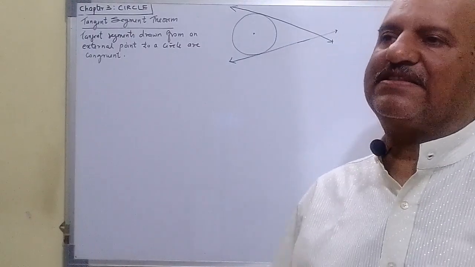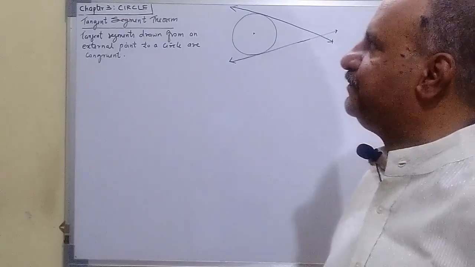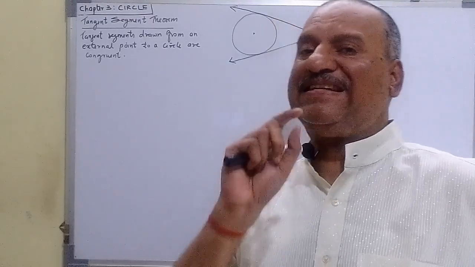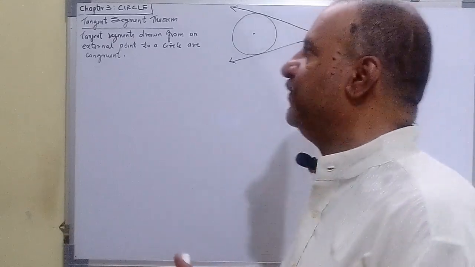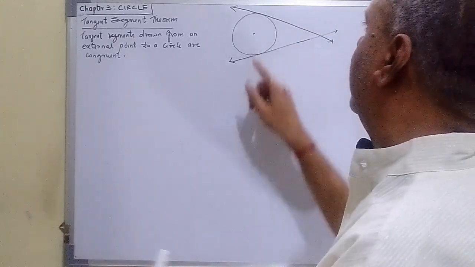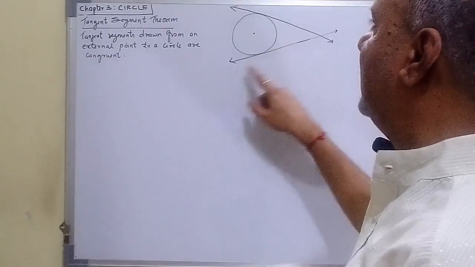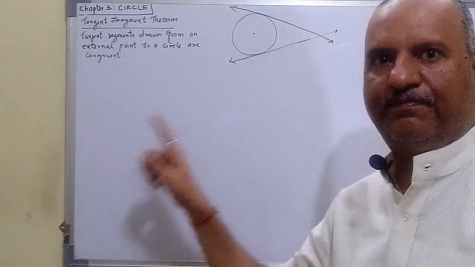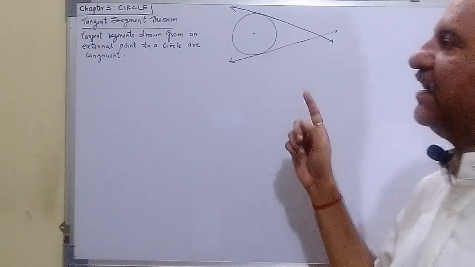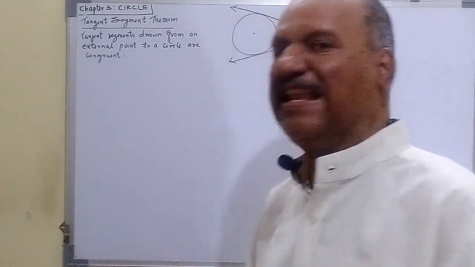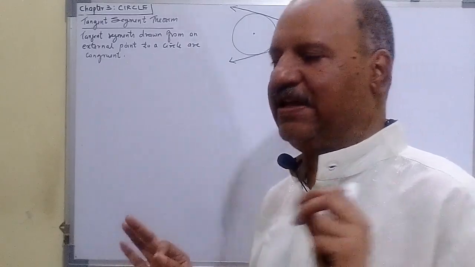अब यहां जो टेंजेंट सेगमेंट थियरम है, इसमें टेंजेंट line नहीं है, it's a tangent segment. देखो, segment में लाइन होते हैं, ये लाइन टेंजेंट है. लेकिन हमें क्या चाहिए, we are interested in length.